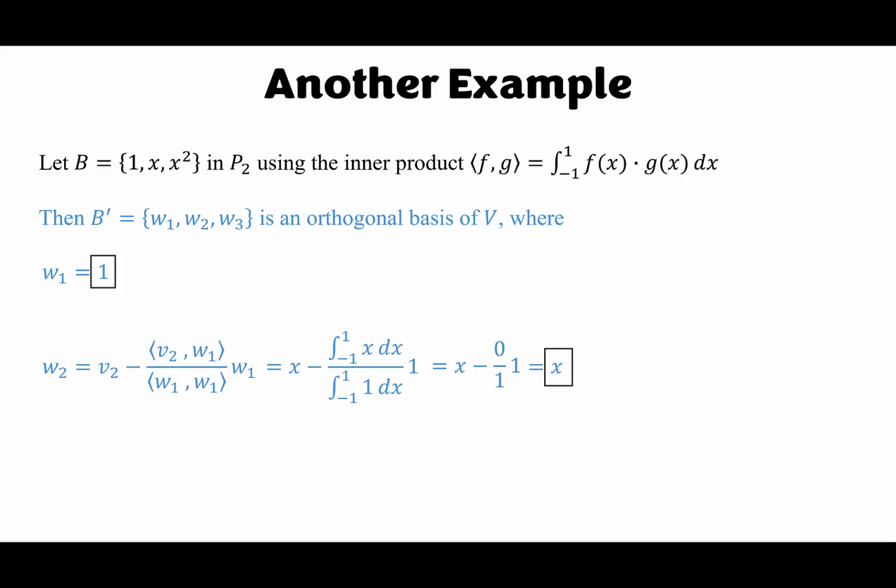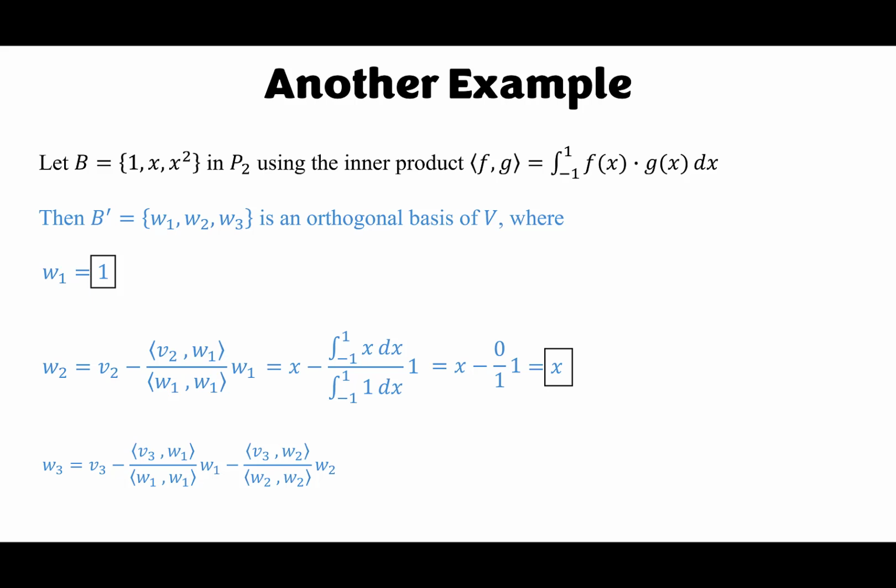Okay? And you can double check. If you find the inner product between W1 and W2, that is 1 and x, that'd be the integral from -1 to 1 of x dx, and that is definitely 0. So you can verify that. All right, in W3, from the Gram-Schmidt process, you have to compute V3 minus the ratio of inner products times W1 minus the other ratio of inner products times W2.